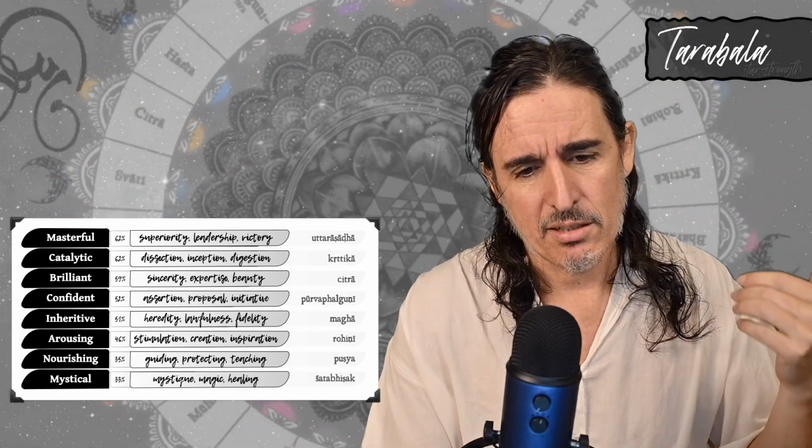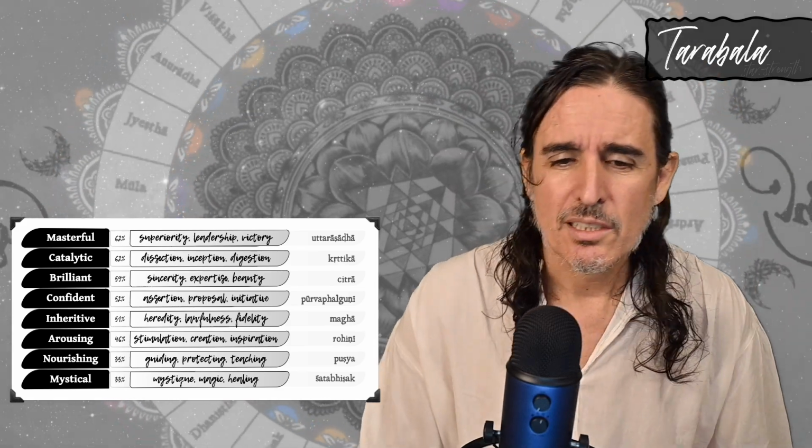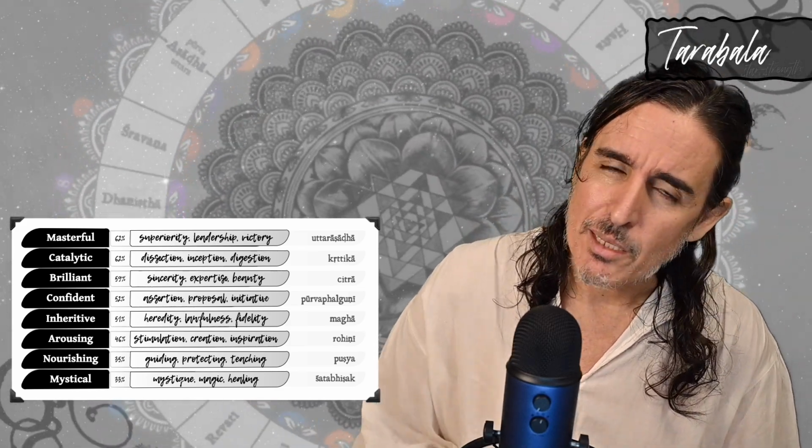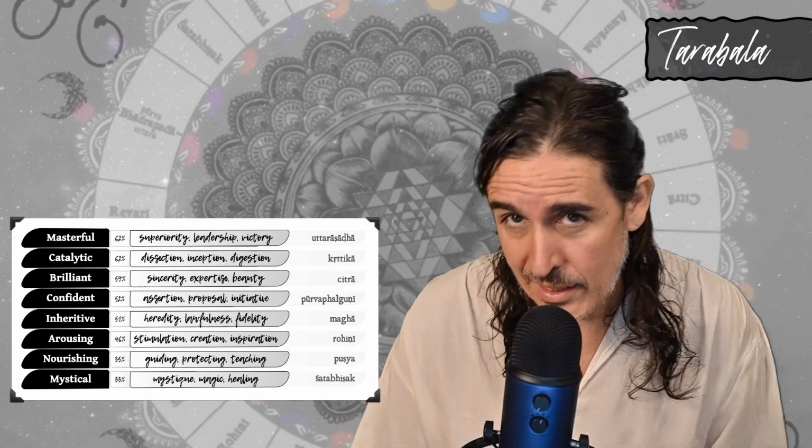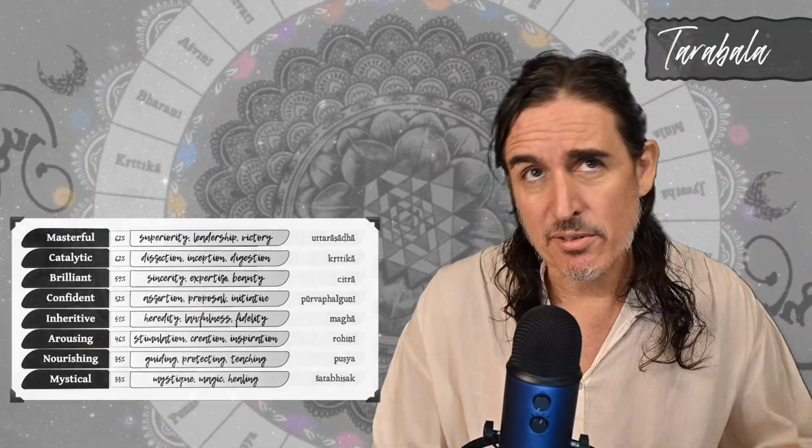To show you another example, the list says Kritika is the second best Tarabala for me. And it says Kritika is all about catalysm, dissection, inception, and digestion. So what's that telling me? It's saying that all my different assets and qualities will cooperate together very well when my goal is to motivate people, catalyze, or to rouse them to action, or to break things apart, dissect, to break apart ideas, techniques, or machines, and learn the essence of how they really work together.